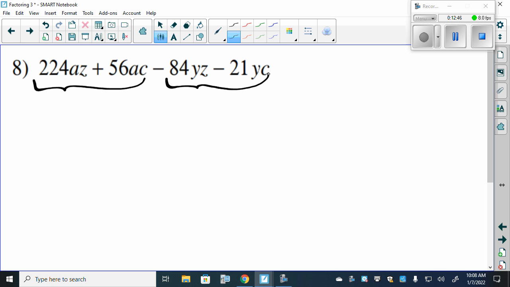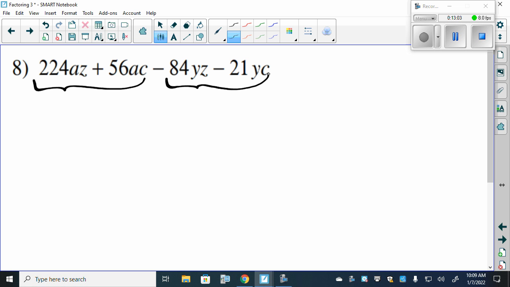This will be the last one we look at. I also think this is the last one on the note sheet. Yes? Now, 224AZ plus 56AC minus 84YZ minus 21YC.